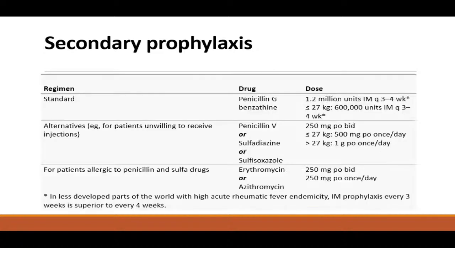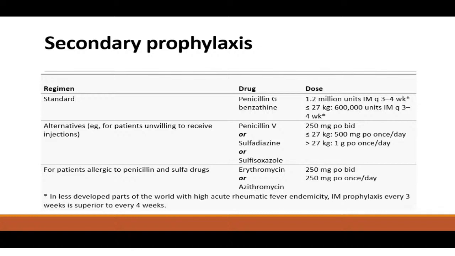So there are some regimes of secondary prophylaxis. You see what drugs we may use. It's a standard regime when we use penicillin G. You see the dosages. We have some alternative variants of secondary prophylaxis regimes also with penicillin V or sulfadiazine or sulfisoxazole.